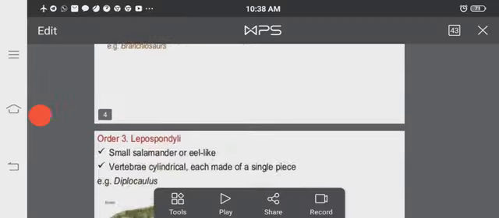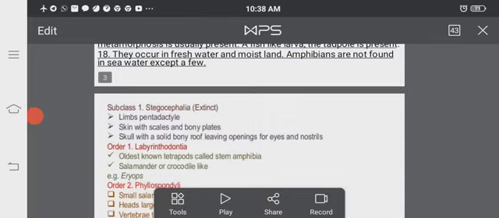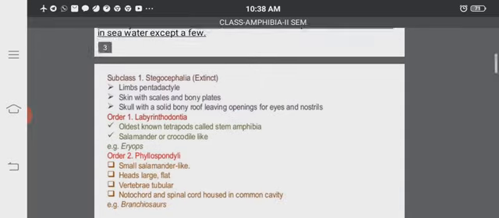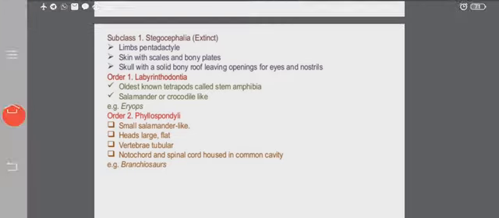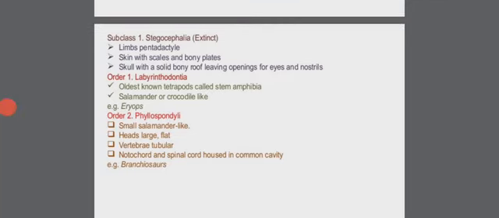In case of Stegocephalia, the subclass, limbs are usually pentadactyl, skin with scales and bony plates, skull with a solid bony roof, leaving openings for eyes and nostrils. And it is to be noted here, students, that all the members of this subclass 1, that is Stegocephalia, are no more. That means they are extinct forms. And this has 3 orders.